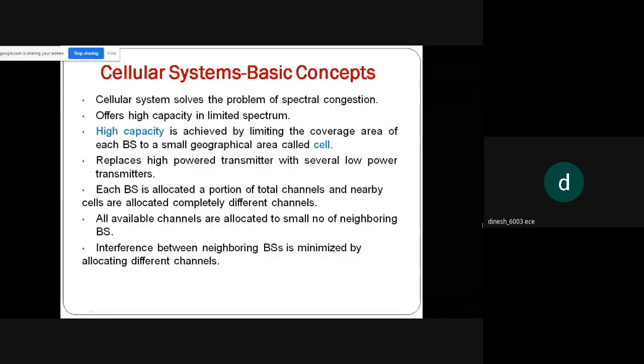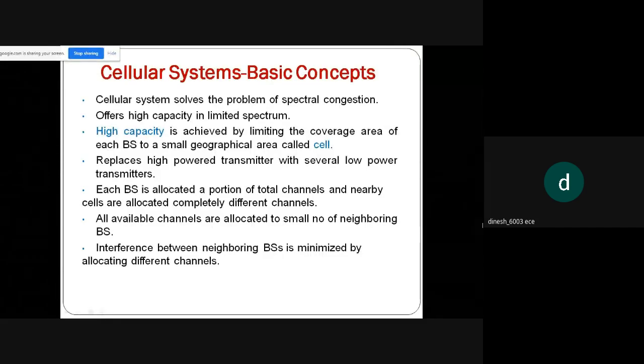That point receives signals from different transmitters at a time.